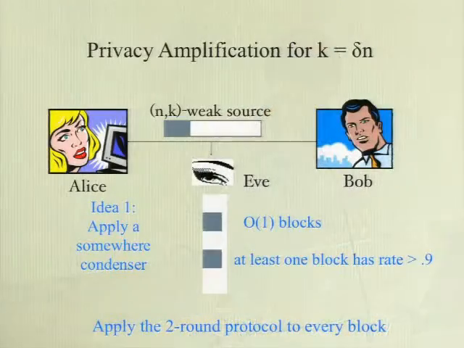Then you want to try the previous protocols on these blocks, where the entropy rate is greater than half. So indeed, the idea is that you apply this two-round protocol to every block, and we hope that at some intermediate block where the entropy rate is bigger than half, the protocol will succeed.